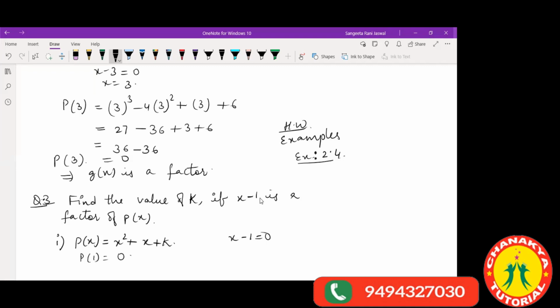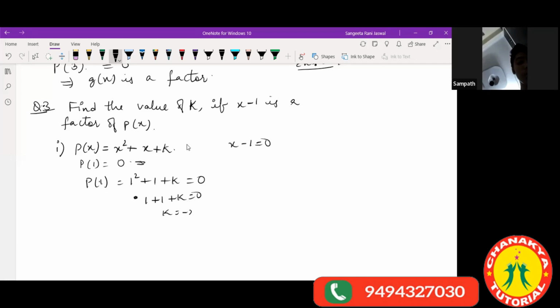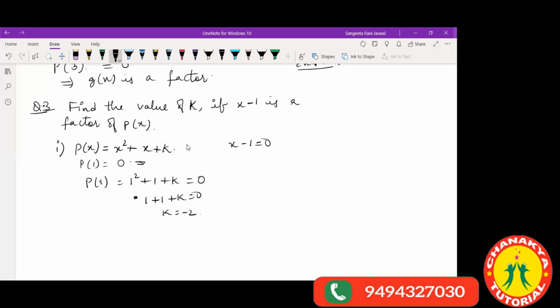So p of 1 is 1 square plus 1 plus k equals 0. So I can get my value of k from here. 1 plus 1 is 2, so k becomes minus 2. So the value of k is minus 2 here.